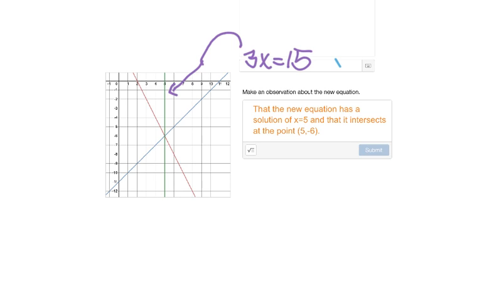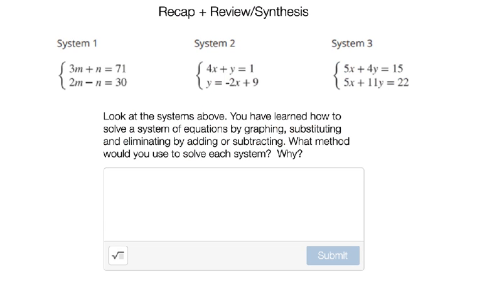X is equal to 5. Okay, so if I remembered from that review that Ms. Hannaford did back in lesson 13, remember this equation, this green line is x is equal to 5. And that the new equation has a solution of x is equal to 5. And that it intersects at this same point of 5, -6. Wow, what is that?